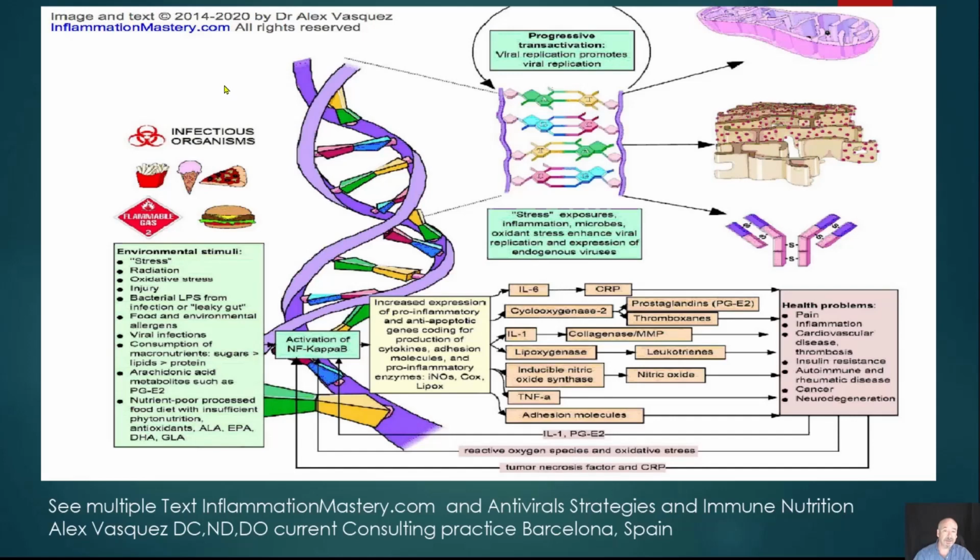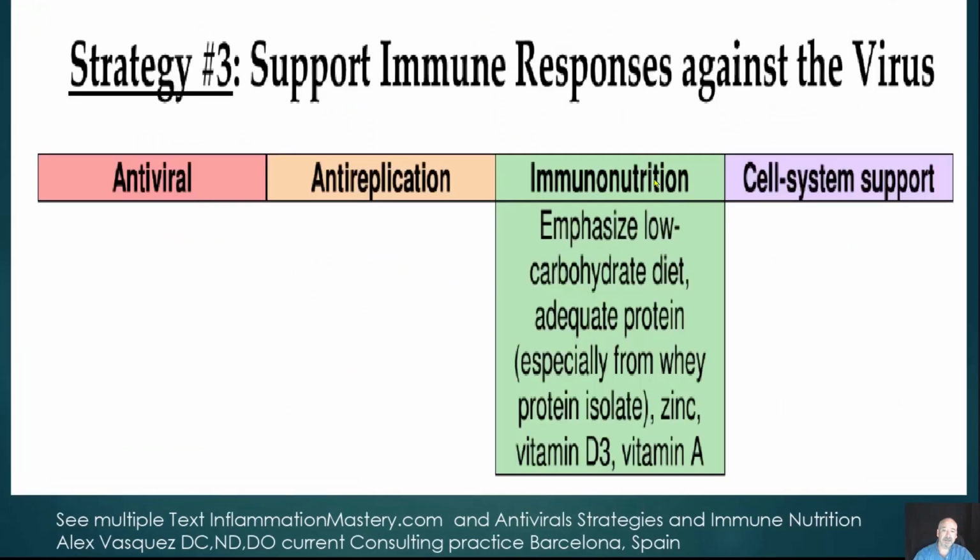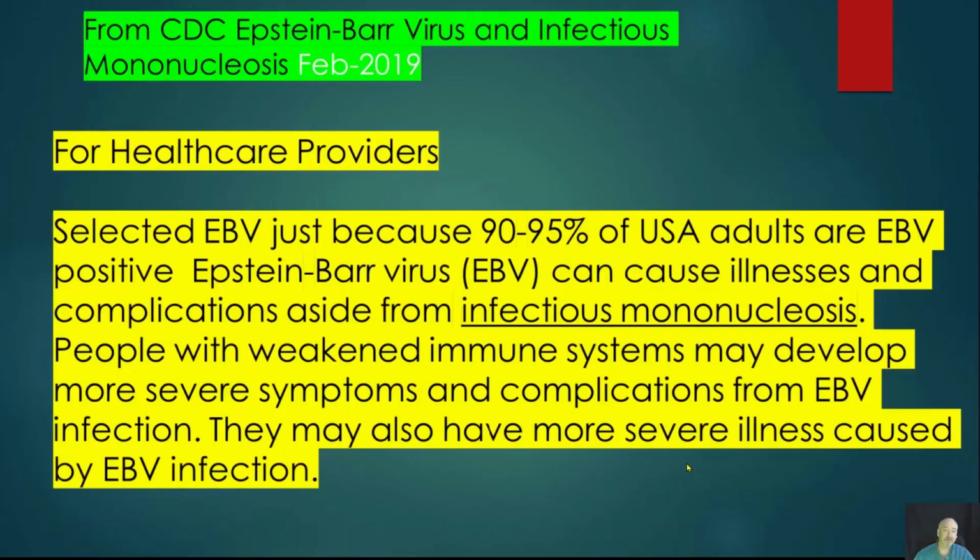I highly recommend anyone that wants to learn more about this read that. Understand also that emphasizing a lower carbohydrate diet is more beneficial, as well as these nutrients that are listed.